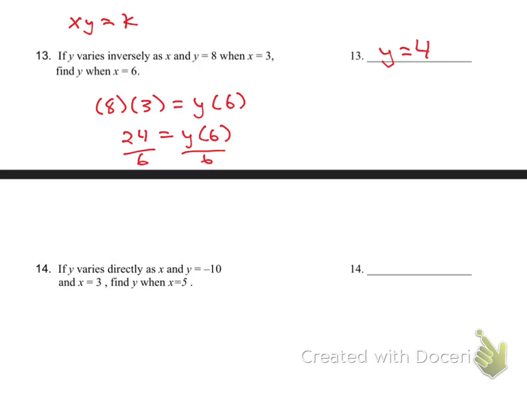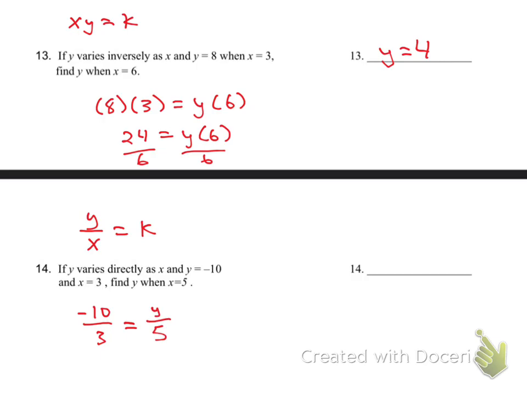Directly is y divided by x equals k. So we have negative 10 over 3 equals y over 5.